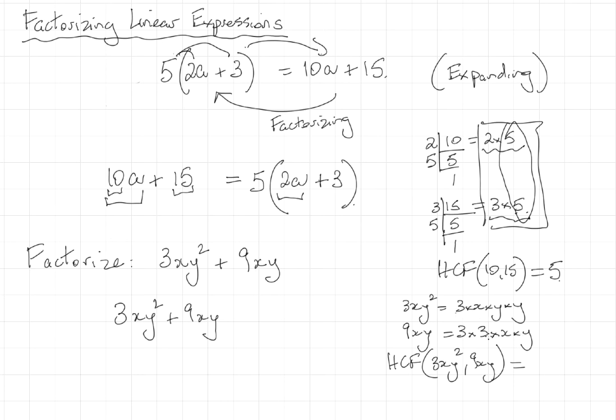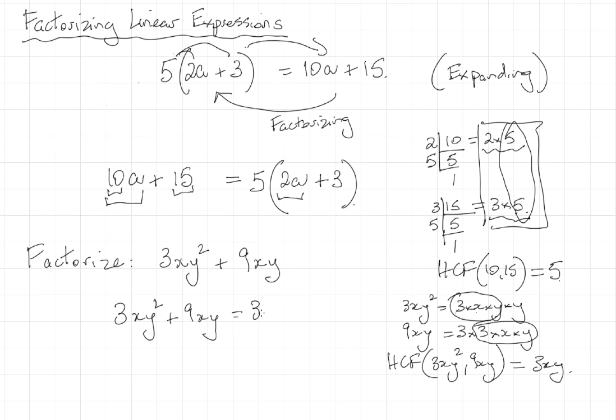Certainly there is a 3 top and bottom, there is an x top and bottom, there is a y top and bottom. So that is common to both factorizations. So 3xy will be my highest common factor. It is common to both sets of factors there.